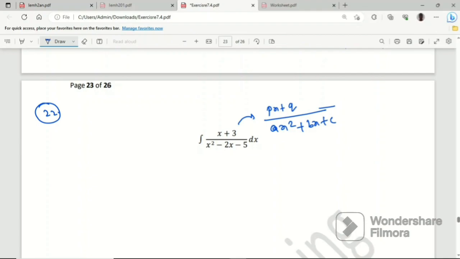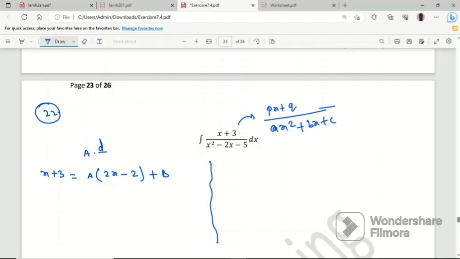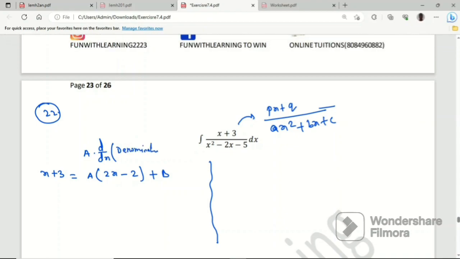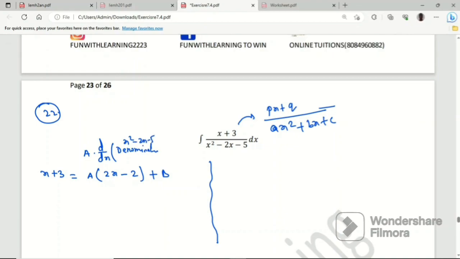So what I will do, I will write again x plus 3 as a into, I am directly writing the differential coefficient of the denominator. So it is 2x minus 2 plus b, that is a into dy dx of the denominator, that is x square minus 2x minus 5, plus b.